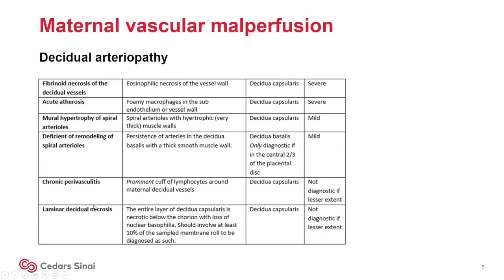Laminar decidual necrosis is not per se decidual arteriopathy, but it does indicate ischemic changes in the decidua, and some experts believe that this could be associated with the whole constellation of maternal vascular malperfusion.